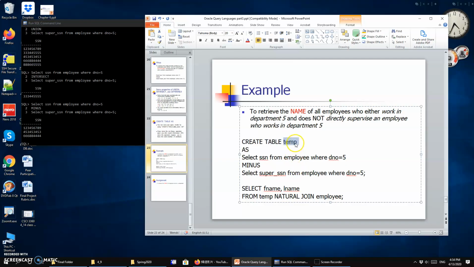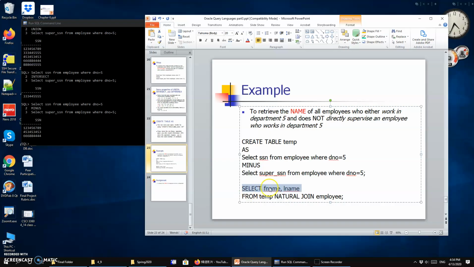So once you have the temp table, your temp table will equal SSN with these 3 social security numbers, and then you will be able to use that to join back with the employee table to retrieve the name.